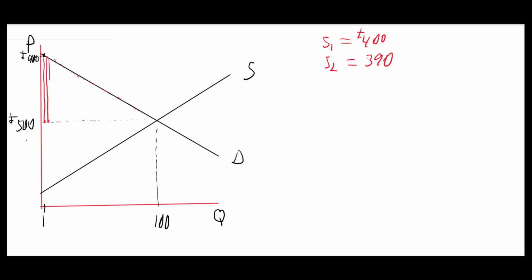If we draw these lines to represent the difference between what they're willing to pay and what the market price is, or in fact what they actually pay, then this gives us this triangle. Let me shade this first.